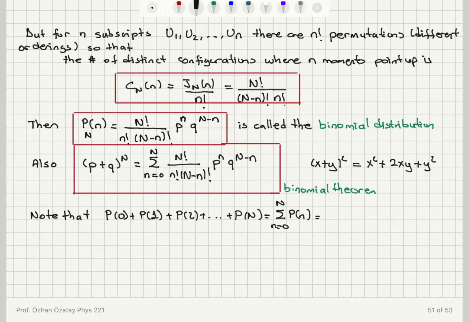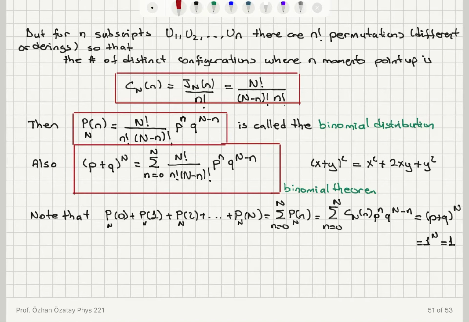That is, because the probability is given by the binomial distribution, the sum n equals 0 to N of the combinations of N objects taken n at a time, p to the n, q to the N minus n, and this, according to the binomial theorem, is equal to p plus q to the N. But we know what p plus q is, it's 1 to the N, so it is 1.